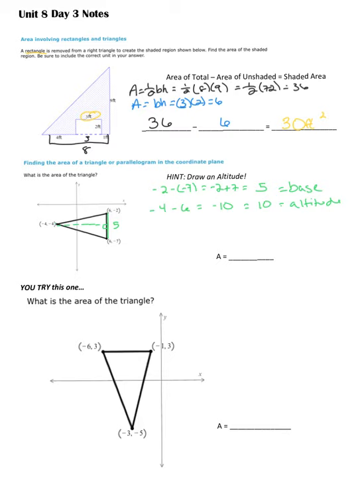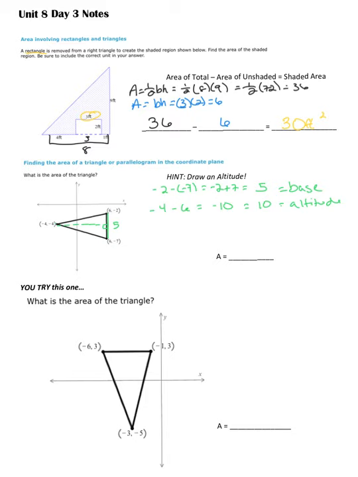I simply found the difference between the two coordinates, and distance must always be positive. You cannot go a negative distance. You can go back a distance, but it is not a negative distance. That's why the distance between -4 and 6 is 10.